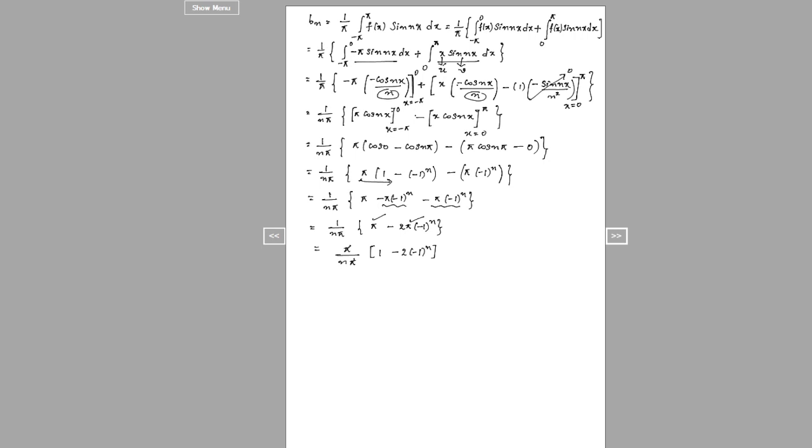So pi gets cancelled, which is equal to 1 by n times of 1 minus 2 times of minus 1 power n. That is Bn.